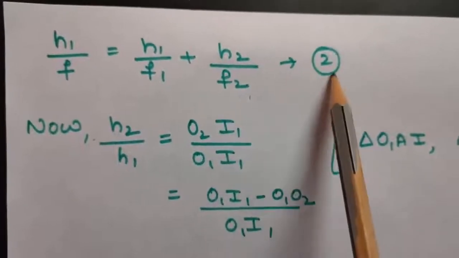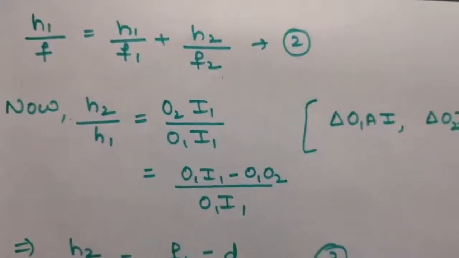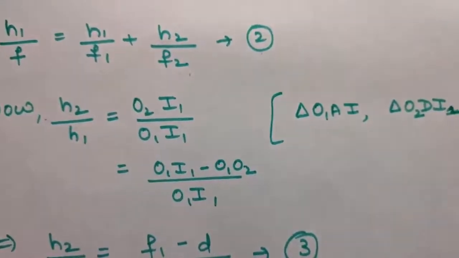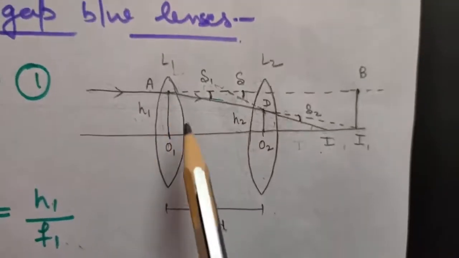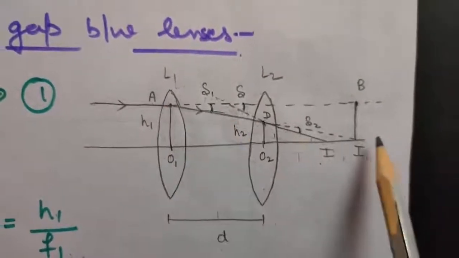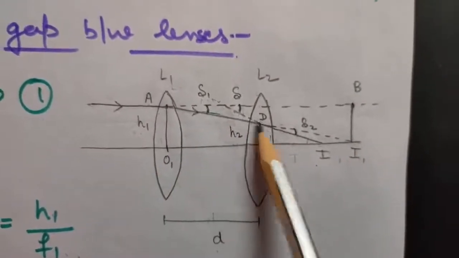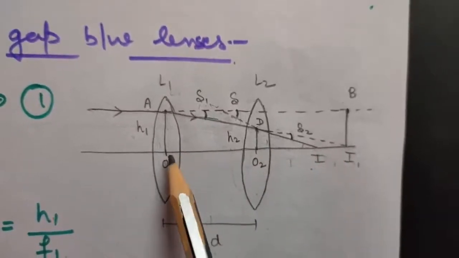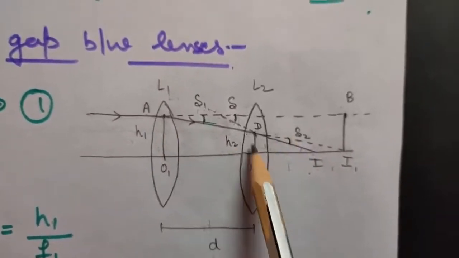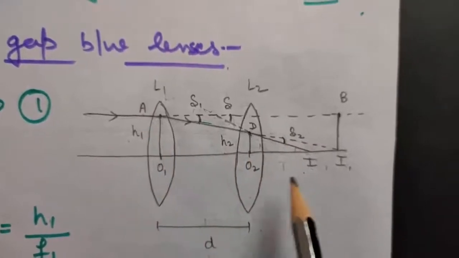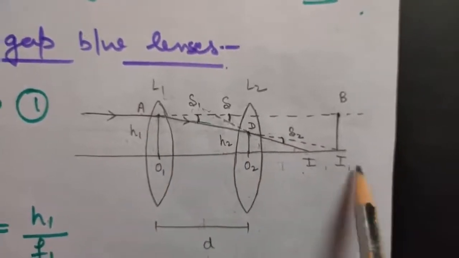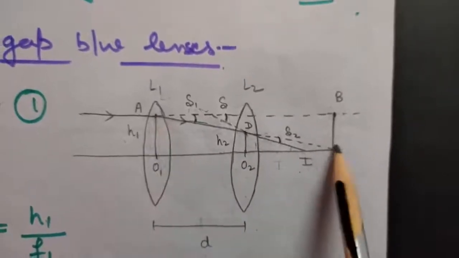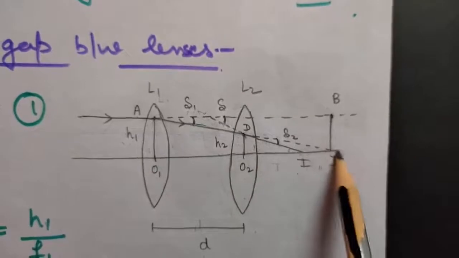Now mark it, second equation. Now in the diagram, we will be using triangle O1AI1 and triangle O2DI1.